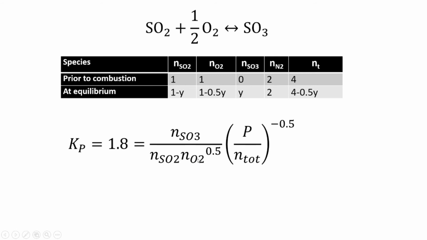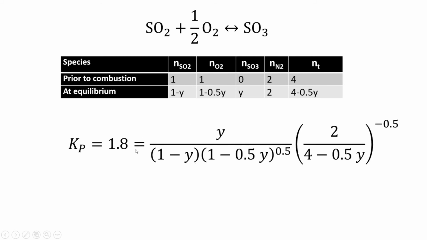Now for each of these, in the table, I know the number of moles of SO3 is equal to Y. The number of moles of SO2 is equal to 1 minus Y, and the number of moles of O2 is equal to 1 minus 0.5 times Y. The pressure, I was already told, is 2 atmospheres, and the number of moles total is equal to 4 minus 0.5 times Y. So if I substitute each of these into this equation, then I have one equation, 1.8 is equal to this expression, and one unknown, just Y, which means with this equation I can solve it and get a value for Y. Okay, so that's how you get started on this problem.